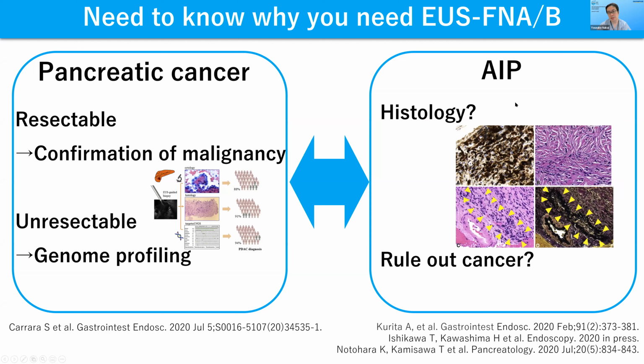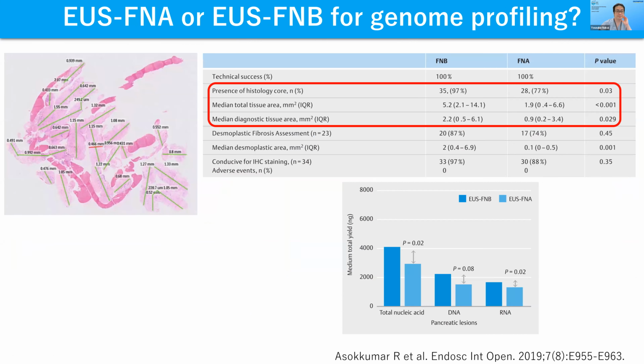And in cases with autoimmune pancreatitis, sometimes we need a histological core to get a diagnosis of AIP. We may need a large gauge needle or FNB needle. So we have to think about why we are performing EUS-FNA or FNB and choose the right needle.